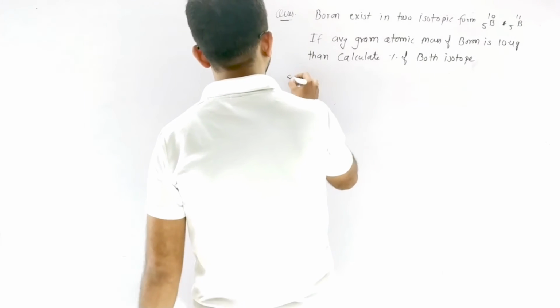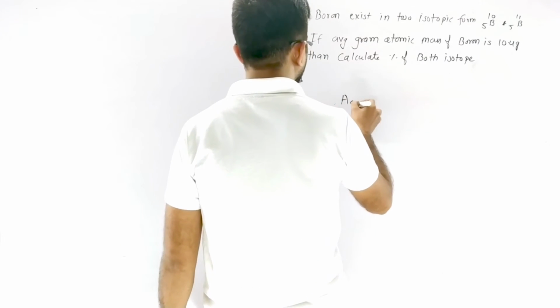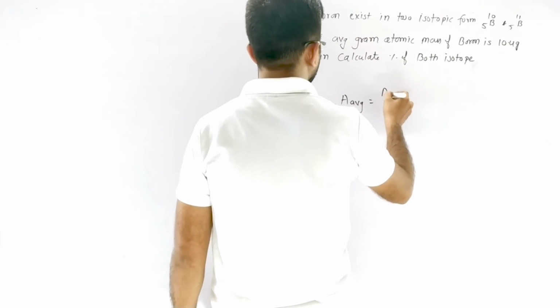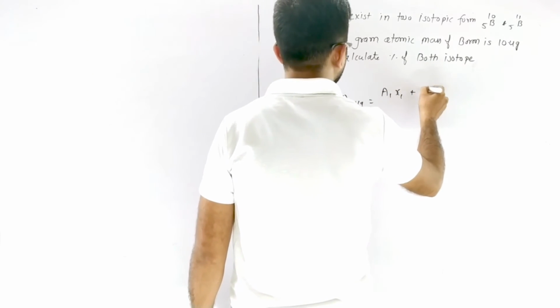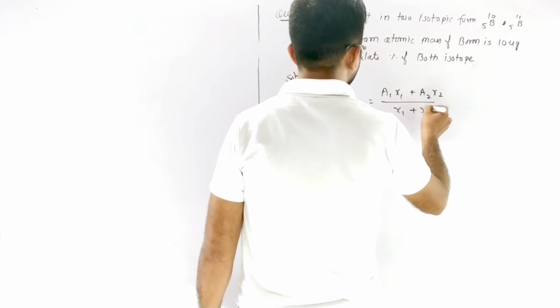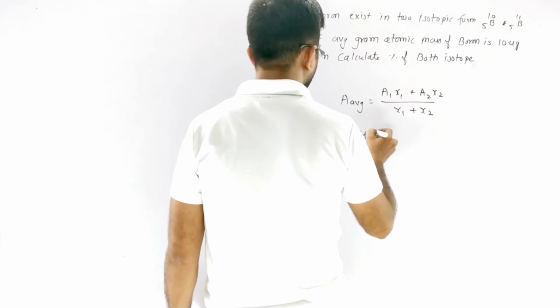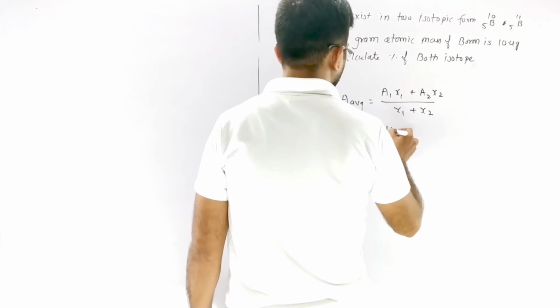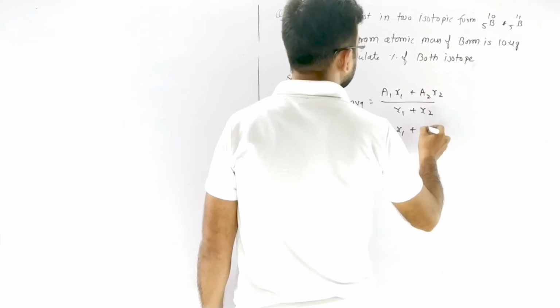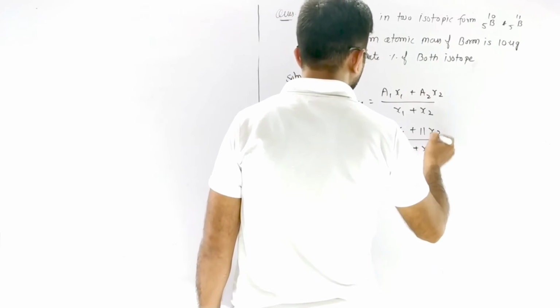We know that for calculating average gram atom mass, we have the formula A average is A1x1 + A2x2 divided by x1 + x2. We have average gram atom mass as 10.4 gram, so (10x1 + 11x2) divided by (x1 + x2).